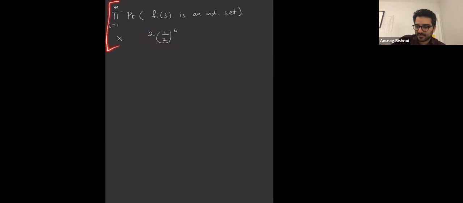So finally, this is the probability that we are looking for. Now we start seeing that maybe the number of independent sets of size at most t in G will play some role. That's why we are formulating it like this.